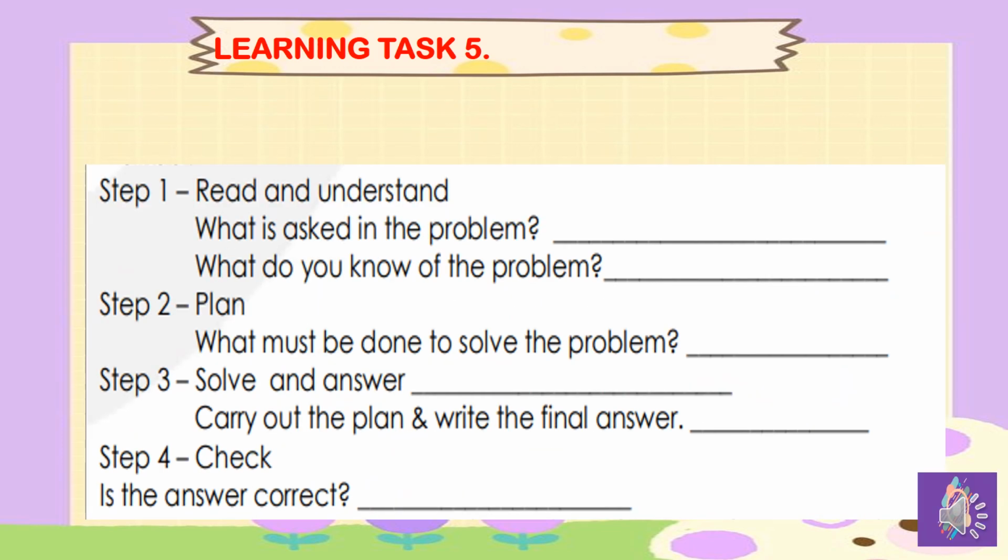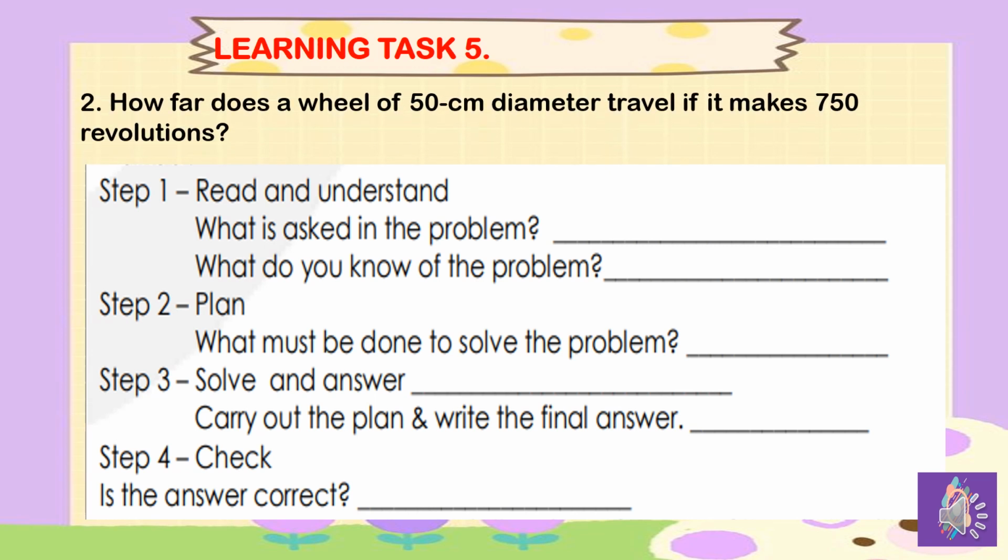Okay, so for another problem, number 2: how far does a wheel of 50 centimeter diameter travel if it makes 750 revolutions? Again, you have the 4 steps to follow for you to answer this problem. Let us now answer.